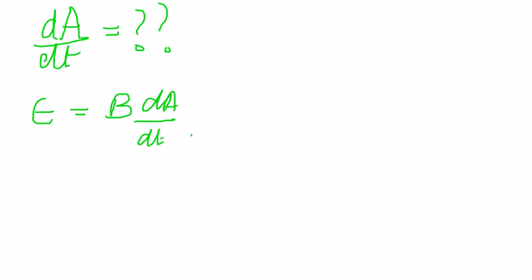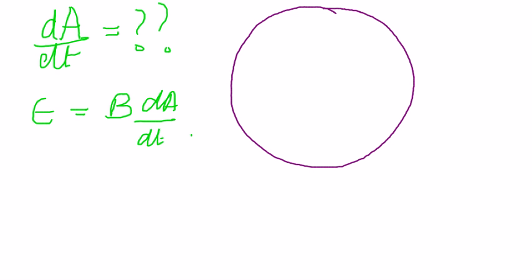Now we come back to the question. There is a metallic ring and there is a rod which rotates about an axis at one end, and the other end touches the metallic ring. The length of the rod is 1 meter, so the radius is also 1 meter.